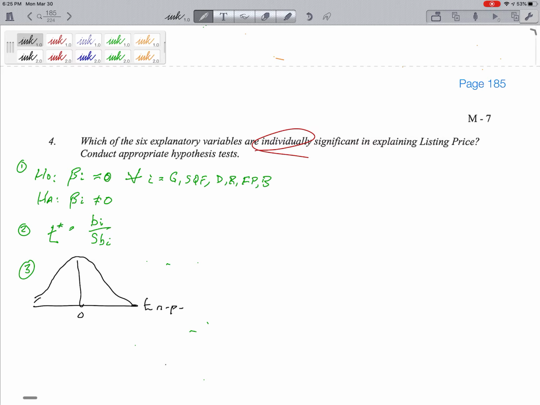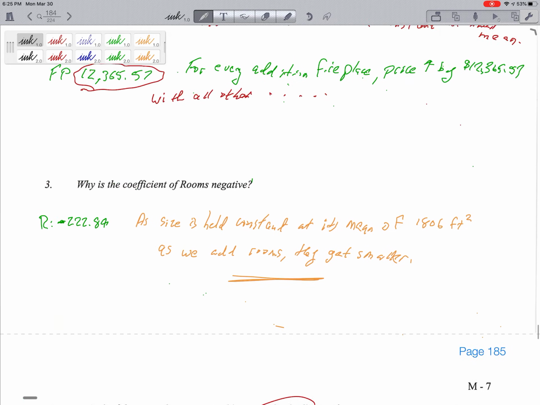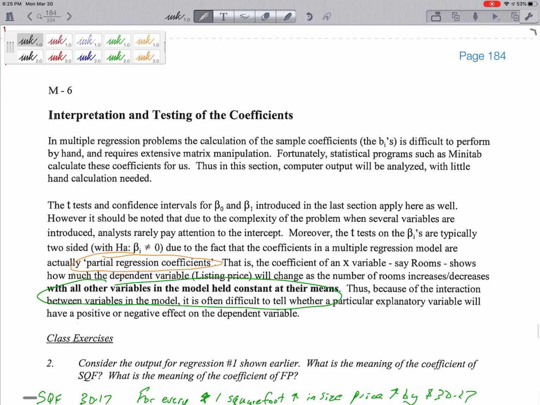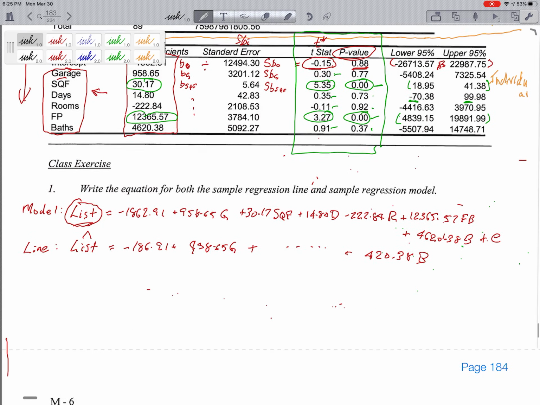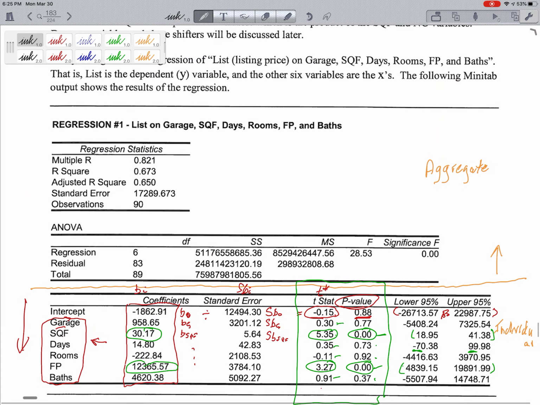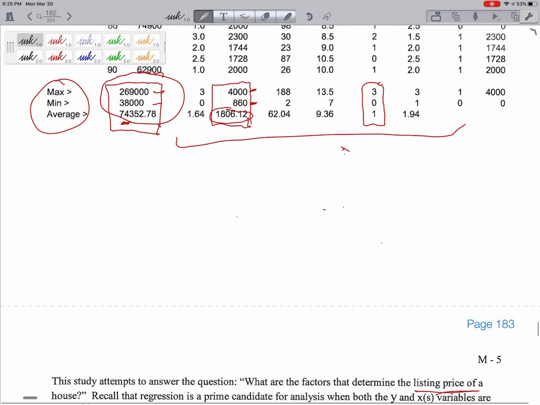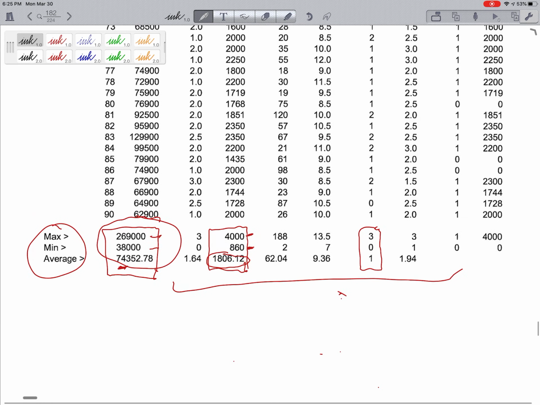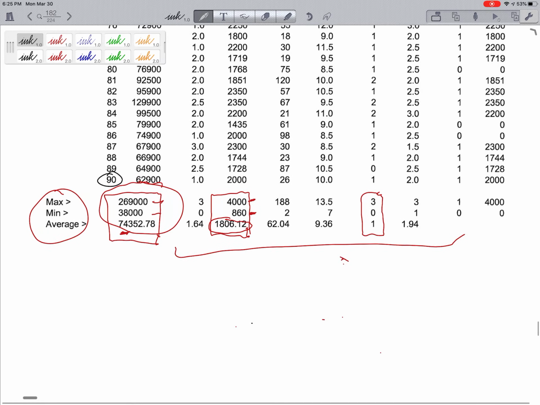And the degrees of freedom, just like in simple linear regression, is n minus p minus 1, but the p now is equal to 6 explanatory variables. Our n is equal to 90. If you go back and count all of those observations, then you'll end up with 90. I think they're actually numbered anyways. Let's just go back there. Yeah, so we've got 90 observations here.